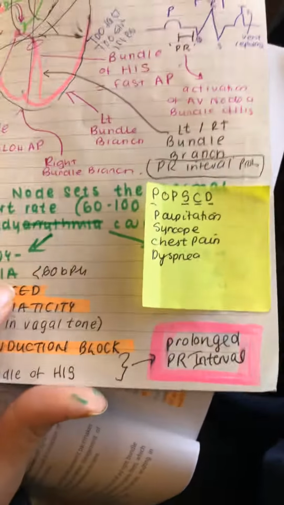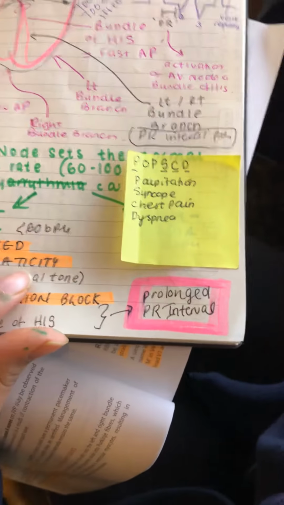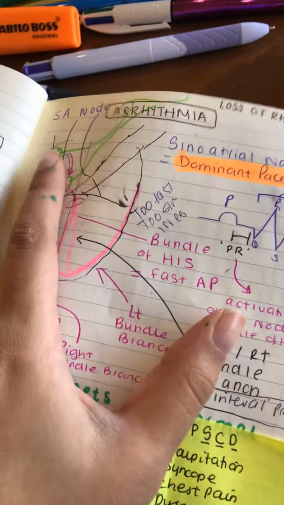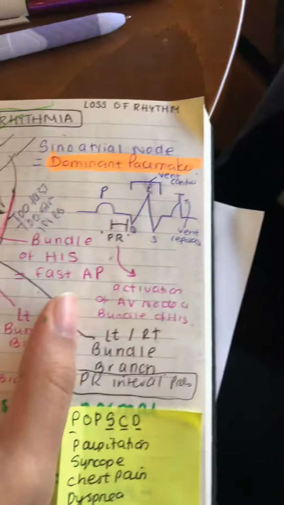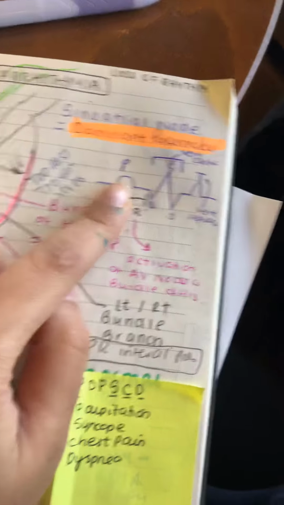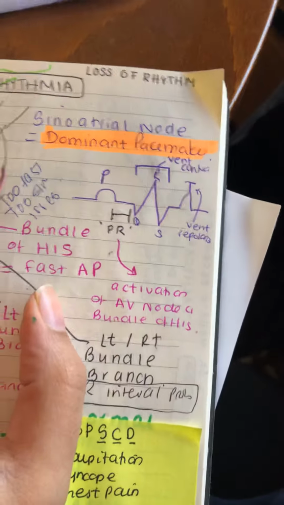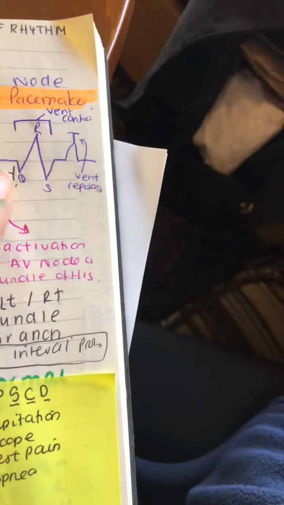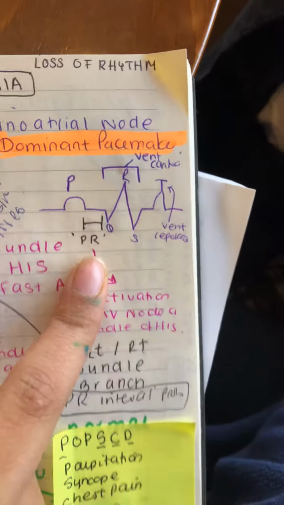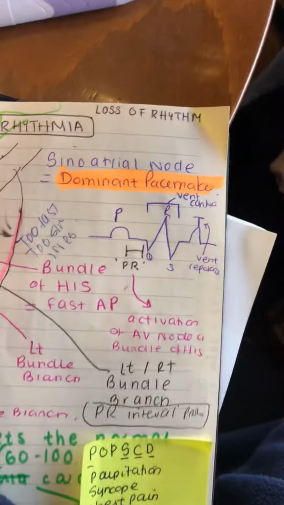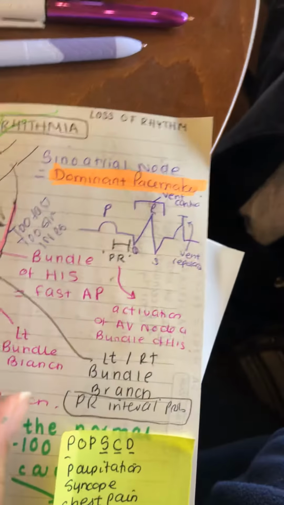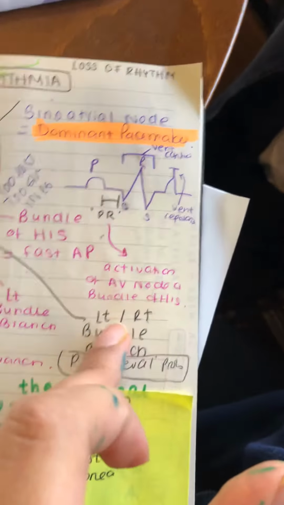Now, we talked about reduced automaticity, and then we talked about a conduction block. By the way, the SA node spreads the impulse to the AV node, but that's the P wave, which is the atrial depolarization. Before you can begin ventricular depolarization, you have a PR interval. The atria have depolarized, the ventricles have not yet depolarized, and this is the time in between, when you have activation of the AV node and the bundle of His.